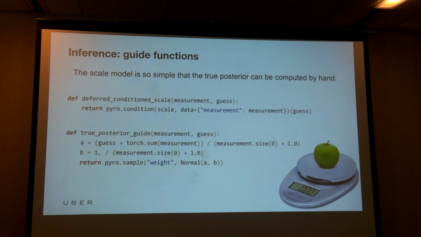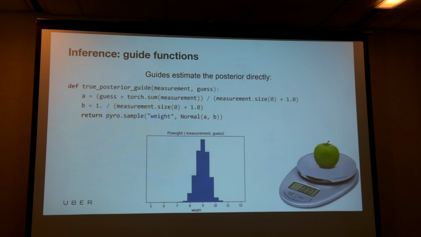So sometimes you can do this, and it's great. You now have the object that you were after in its most useful and general form, which is a generative probabilistic program that you can compute things from. So that guide, for example, estimates the distribution over weights given measurements directly.